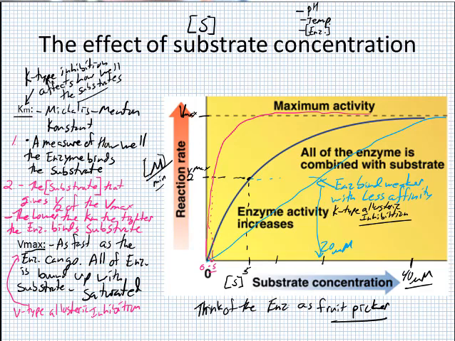So let me get rid of this line. A V-type inhibitor would not affect the Km. The Km would still be 5 micromolar, but its maximal velocity would be less. So what would that look like?